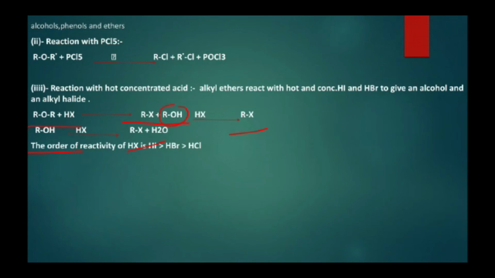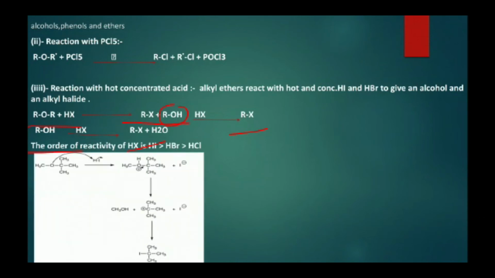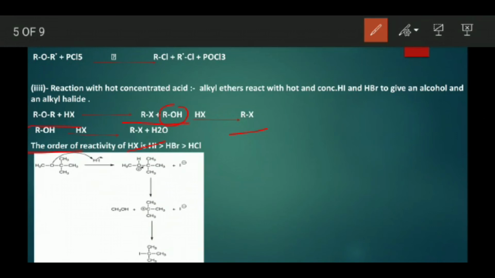The order of reactivity of HX is what? HI is more reactive than HBr, HBr is more reactive than HCl. So in this reaction, when we consider a mixed ether like tert-butyl methyl ether reacting with HI, in normal condition, in a mixed ether the smaller group forms alkyl halide and the larger group forms alcohol when reacting with HI under cold condition.